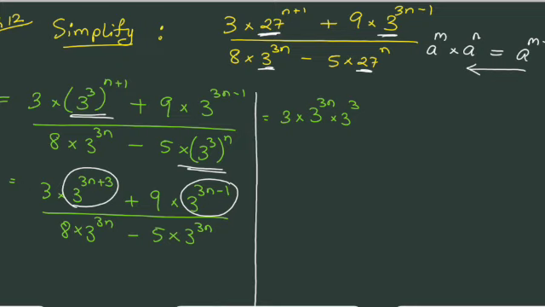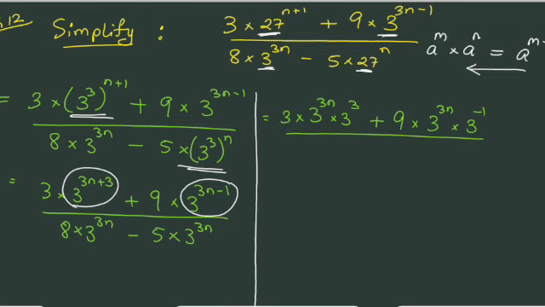Similarly, 9 into 3 raised to 3n, 3 raised to minus 1. You can write it as upon 3 raised to 1, but that will make a complex fraction. We already have a fraction, then we introduce a fraction in the numerator. So fraction in a fraction is a complex fraction. We'll do it in the next step.